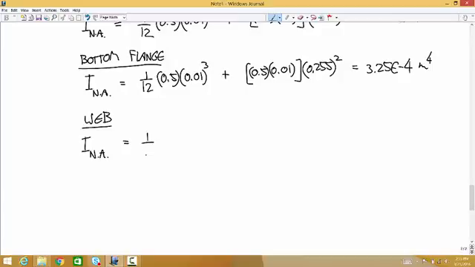So 1/12 times the width, which is 0.01, times the height, 0.5 cubed, and you get 1.04 times 10 to the minus 4 meters to the fourth.